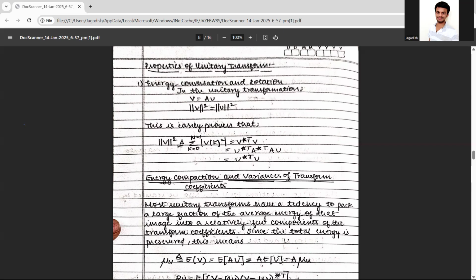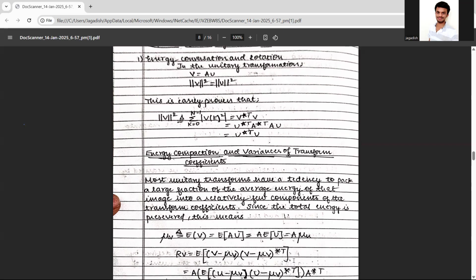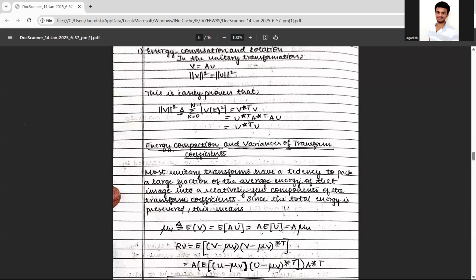So I'll be writing E is equal to A into U. I will be taking A as common. So A into E into U, which is equal to A into nu. So RV is equal to E into (V minus nu V) into (V minus nu V), the whole transpose.